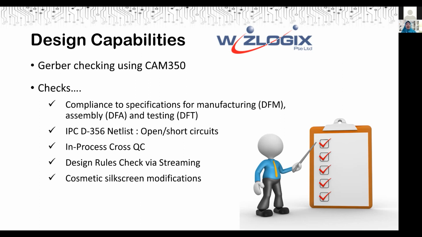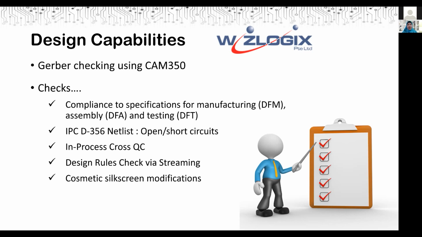The main checks that we do will be compliance to specifications for DFM, DFA, and DFT. So it ensures a smooth process for these 3 steps. And for Gerber checking, we make use of the IPC D356 netlist to check for open or short circuits. And this is to ensure that your layout conforms to your product requirement.